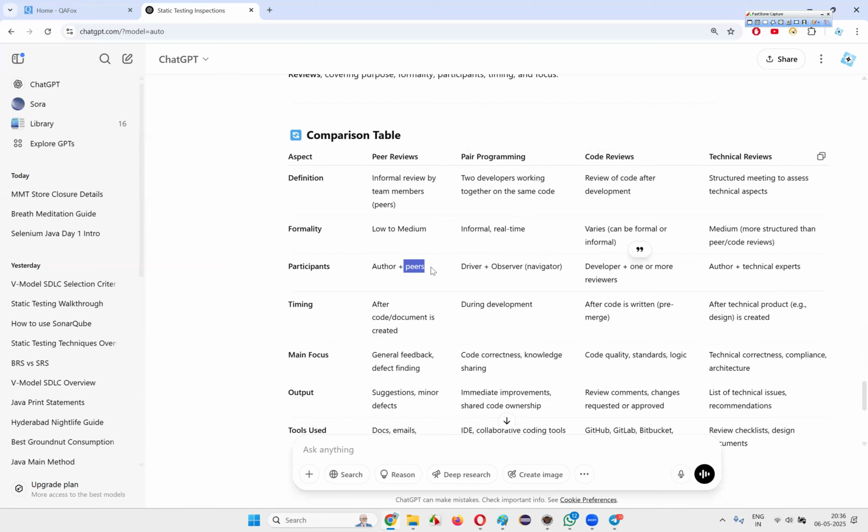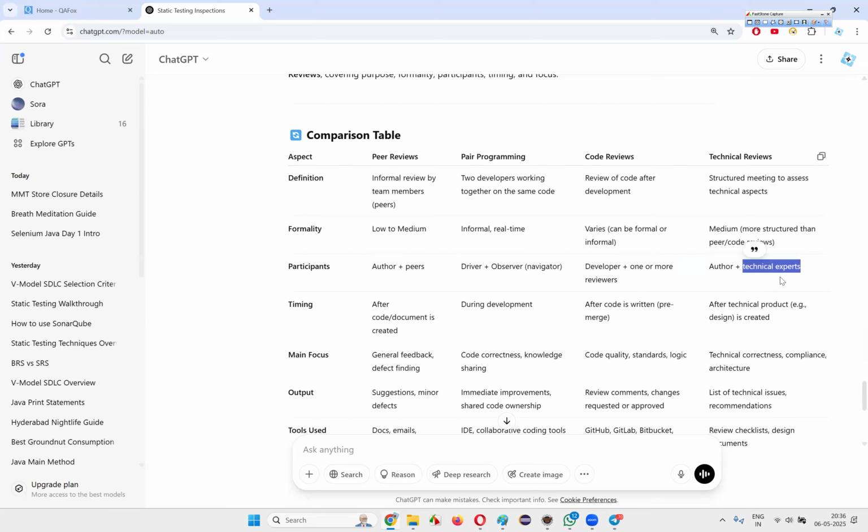This reviewer can be replaced by peers, or by the other developer who is reviewing your code in real time, or this reviewer can be a technical expert. Code review is a general term, whereas under code review there are different types like peer review, pair programming, and technical reviews. In technical reviews, your code will mostly be reviewed by technical experts or architects.